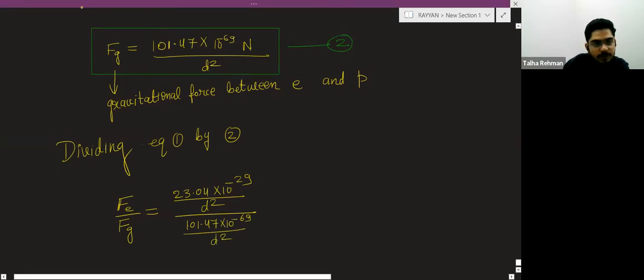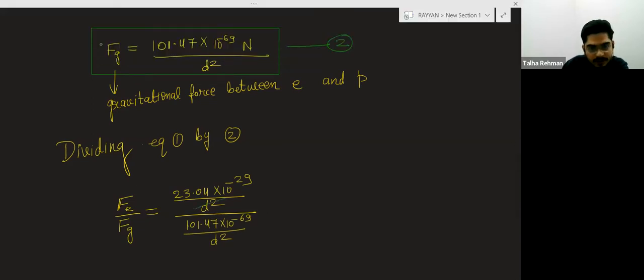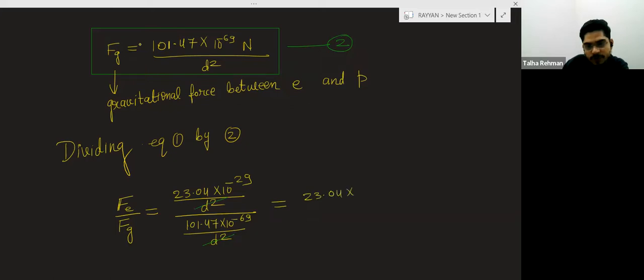Now see here, d square will cancel out with d square. So we will have 23.04 into 10 to the power minus 29 divided by 101.47 into 10 to the power minus 69.